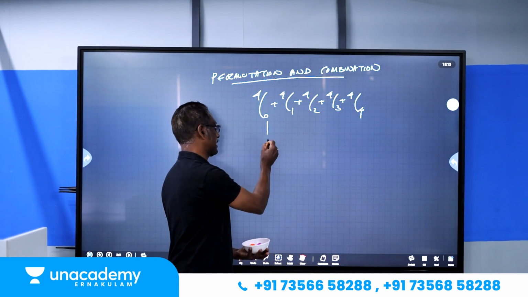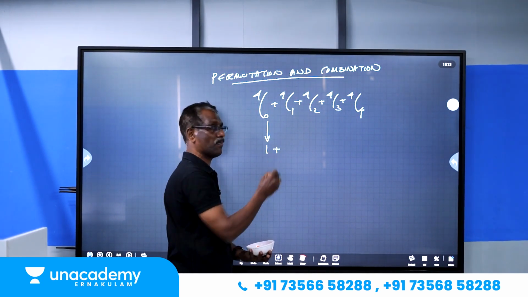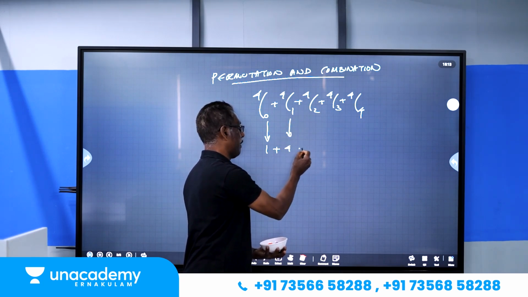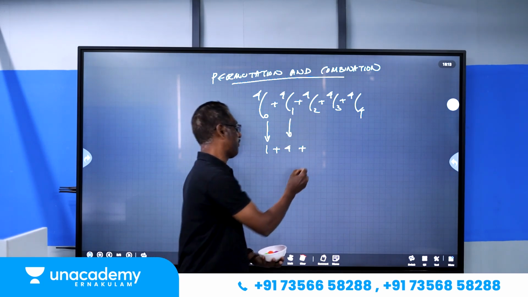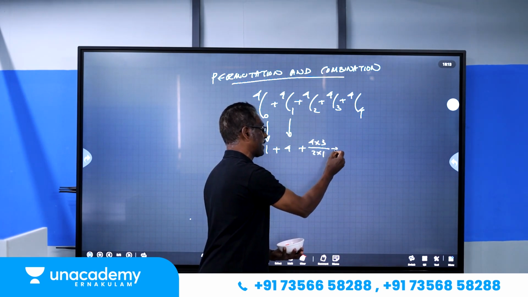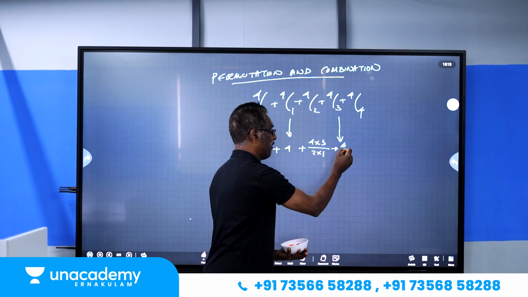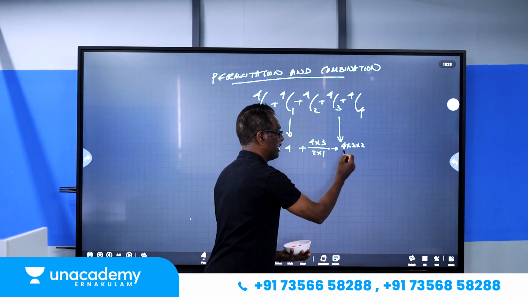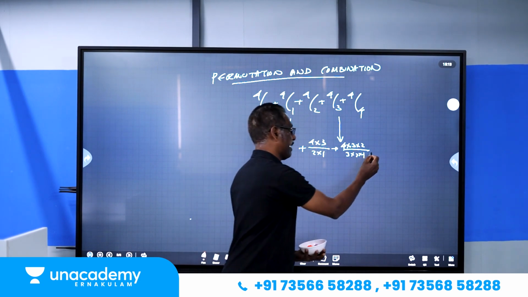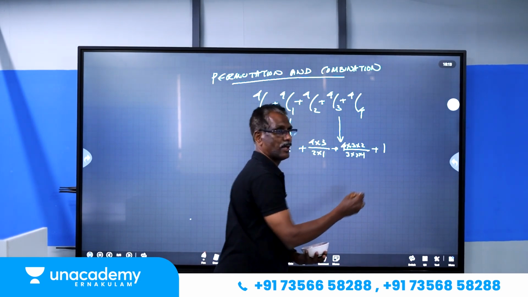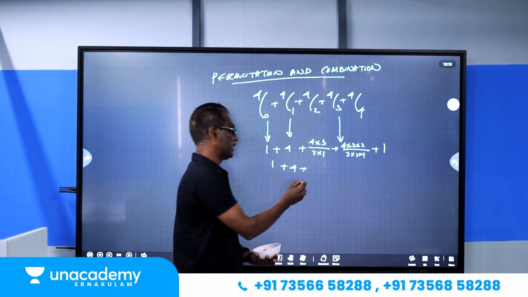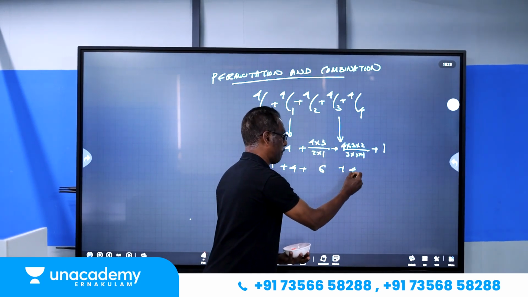What is 4C0? 4C0 equal to 1. 4C1, the answer is 4. Plus 4C2. 4C2 equal to 4 into 3 divided by 2 into 1. Plus 4C3, 4 into 3 into 2 divided by 3 into 2 into 1. Next one, 4C4 is 1. So the answer becomes 1 plus 4 plus 6 plus 4 plus 1.